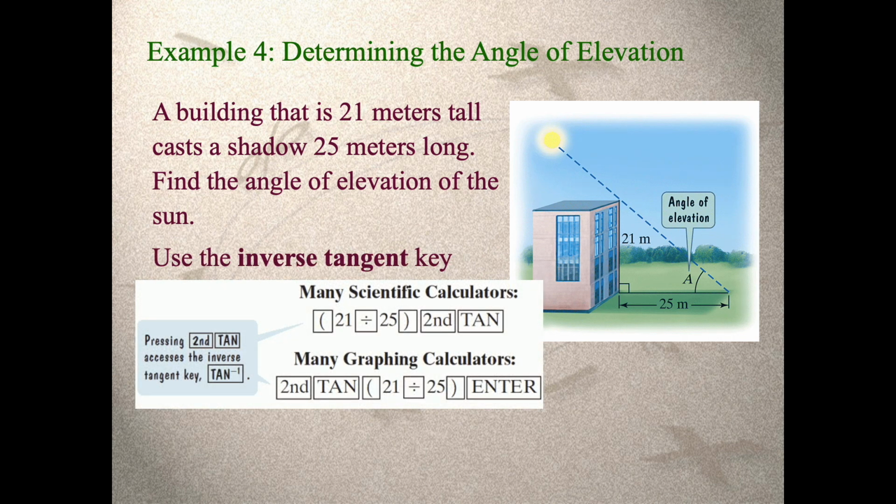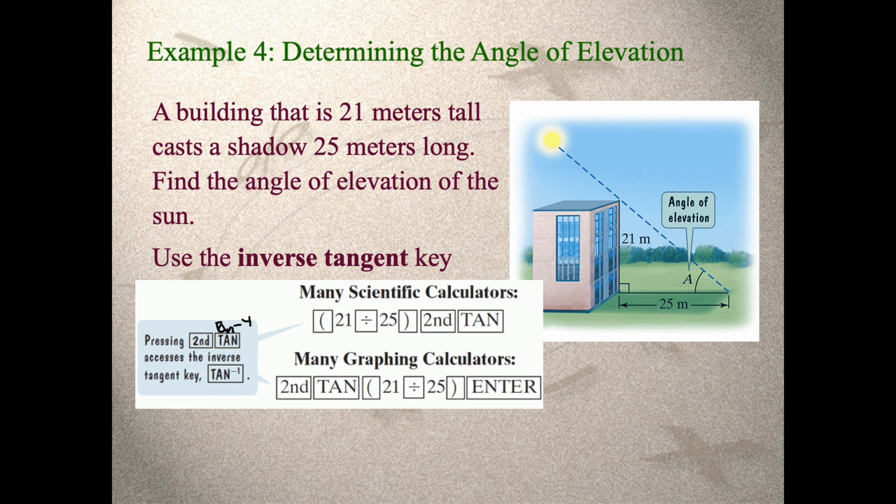So our inverse tangent key, to get to that little tan -1 that's above the button, you have to hit the second key. Some scientific calculators want you to type the fraction first. So in parentheses, you would put 21 divided by 25, then the second key, and then the tan button.